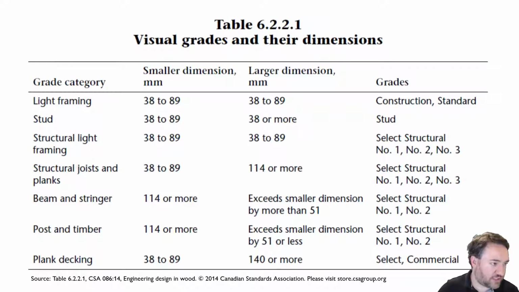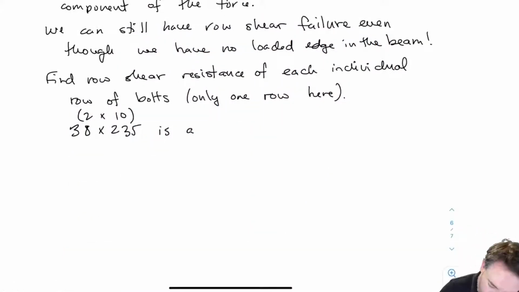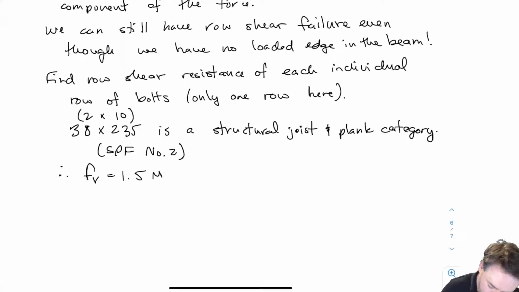So that's going to be table 6.3.1a, the number from O86-14. Then I look for SPF number 2. This is where I'm going to get all of my strengths from. Those I'm going to lay out here. That's how we get our FV, which is our shear strength.